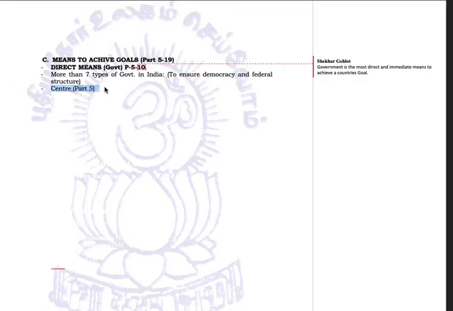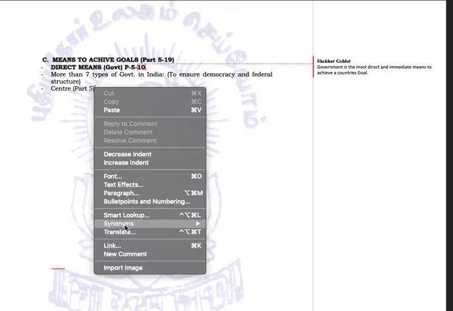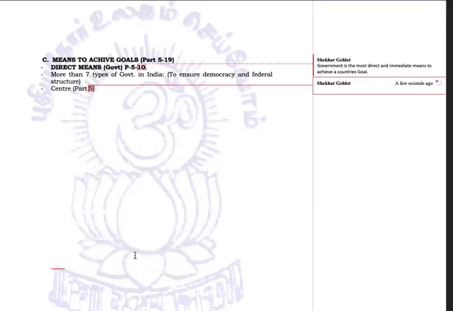We have a central government. When I talk about the central government, I talk about parliament, the central executive and the union judiciary as well. These all three, when they come together, become the government.